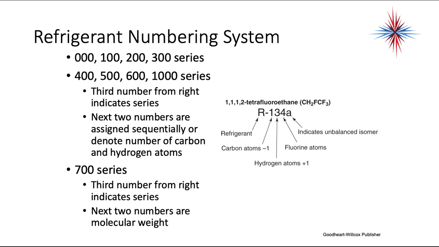So we have the refrigerant that says R, it's a refrigerant. We have 134A. Carbon atoms 1, hydrogen atoms, fluorine atoms, and it's an unbalanced isomer. 700 series, third number from right indicates the series. Next two numbers are the molecular weight.